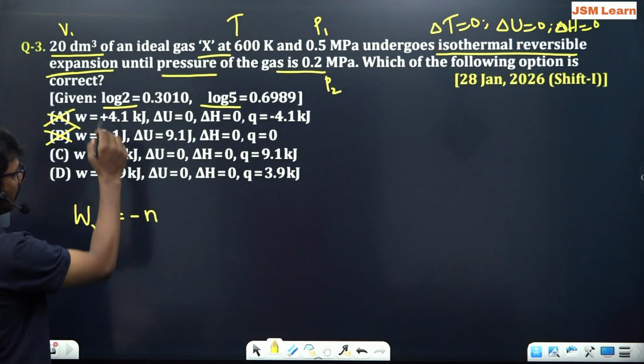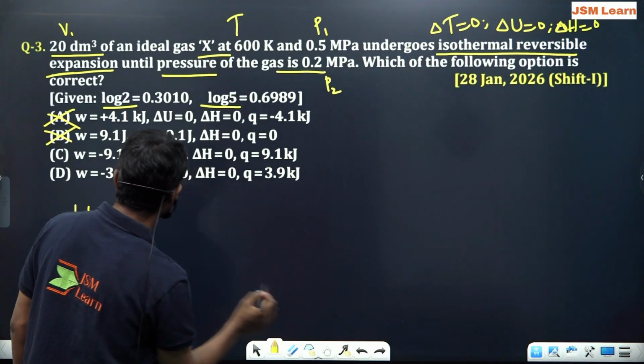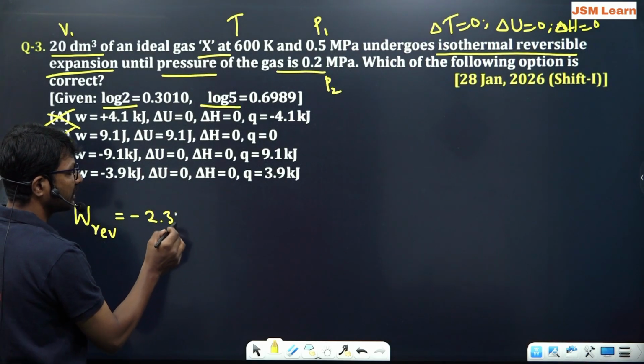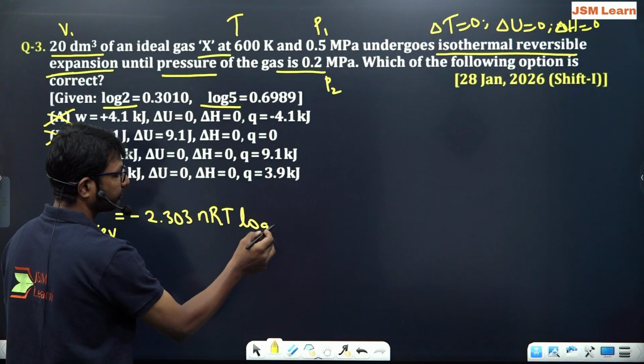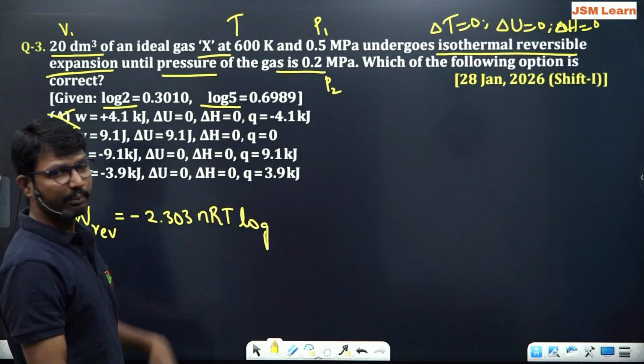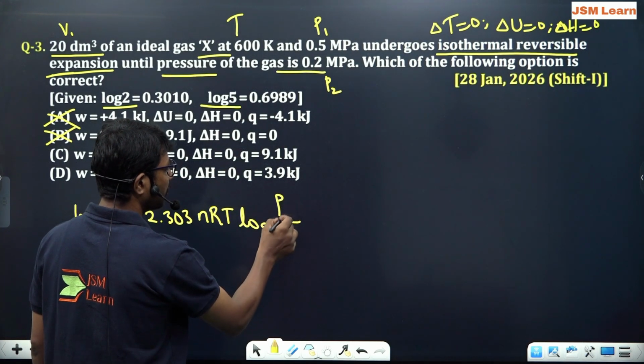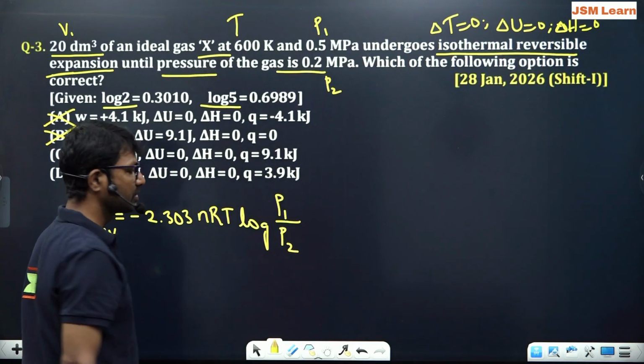Here they have provided log values, so I am directly writing this as minus 2.303 nRT log of initial pressure P1 upon final pressure P2.